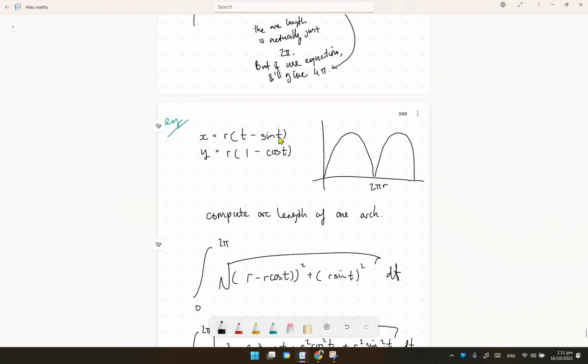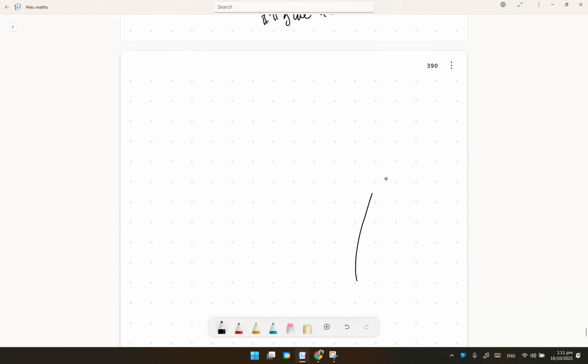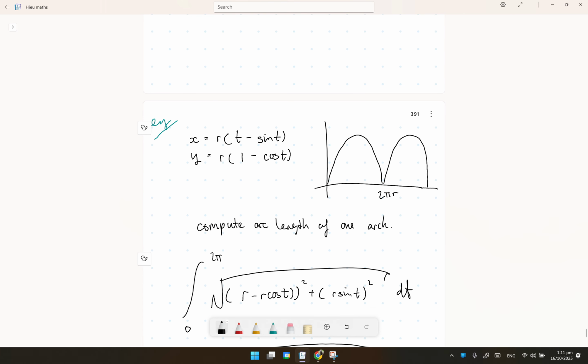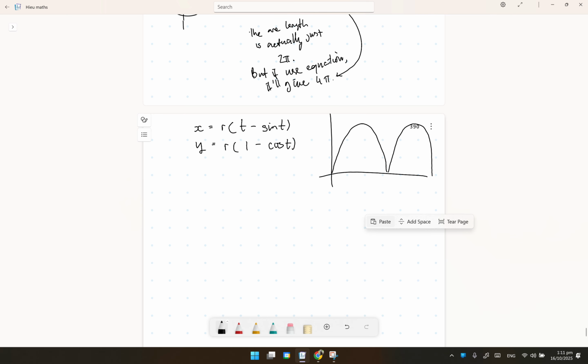Okay. So let's try doing an example. This is the same cycloid graph from before, but in this case, we're trying to find the length of one arch. So let me copy it over and let's try doing it. To find the length of one arch, it's going to be from 0 to 2 pi r.